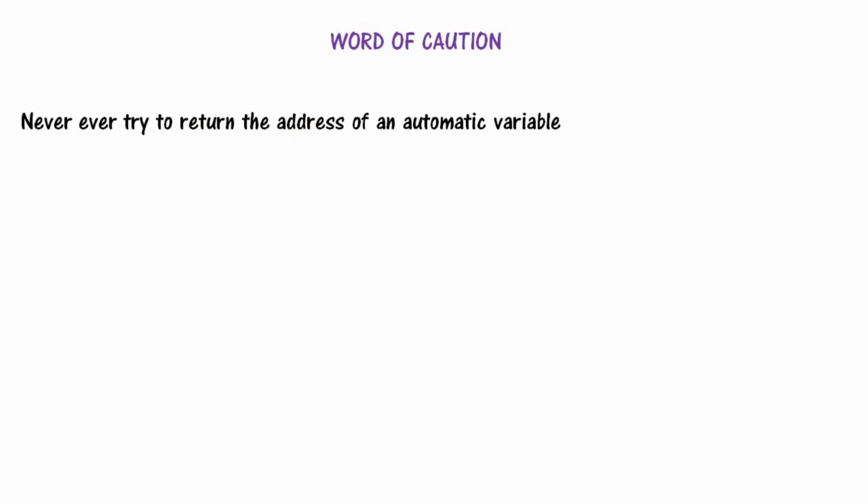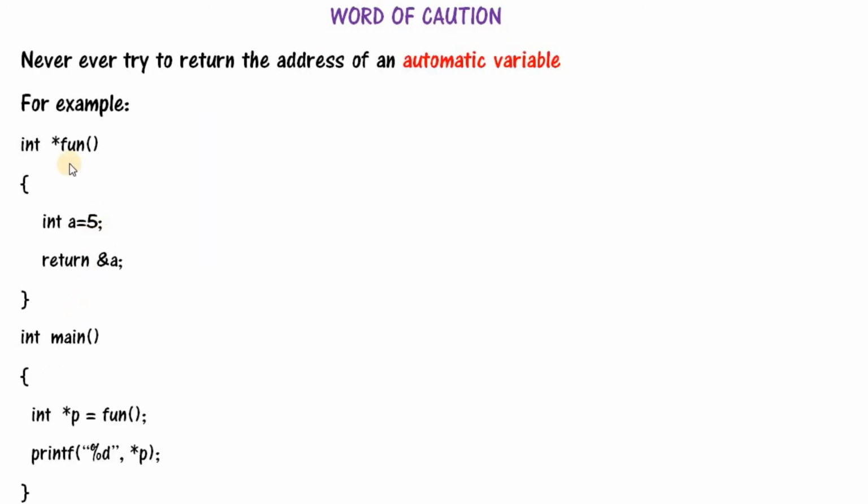For example, we have this program in which, in the main function, we have this pointer which will receive the address of some integer, which is returned by function fun, and in function fun we can see this variable a, which is an automatic variable.